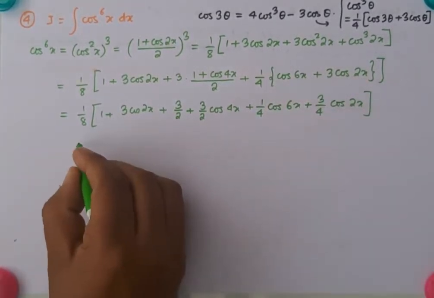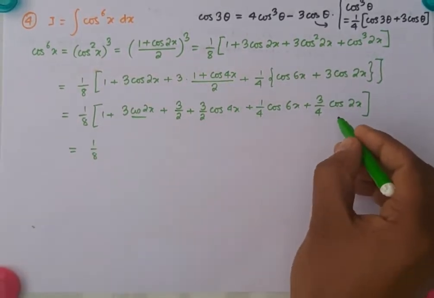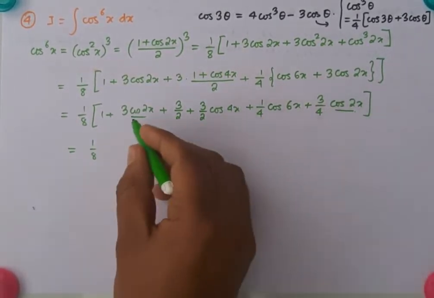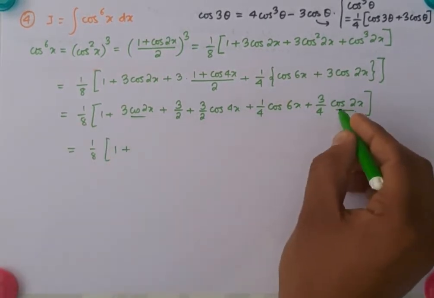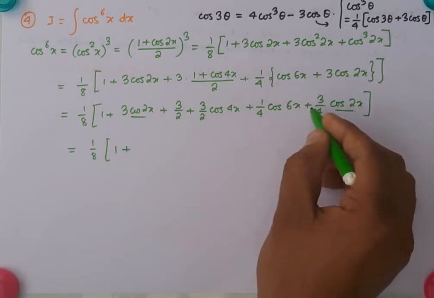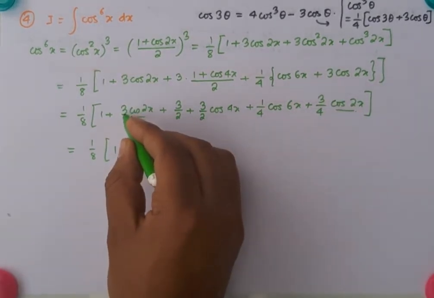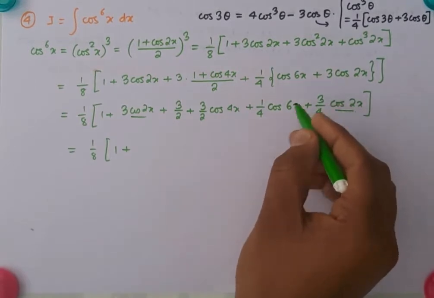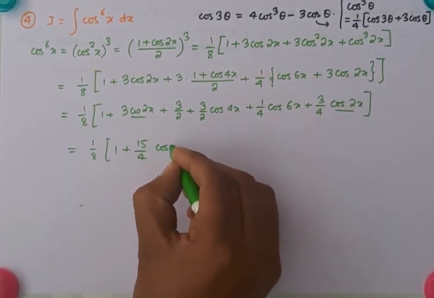Let's close the bracket. So we get 1 by 8. We have a cos 2x here and also a cos 2x here, so it's better to keep them together. So we have 3 plus 3 by 4: 3 into 4 is 12, 12 plus 3 is 15 by 4 cos 2x.